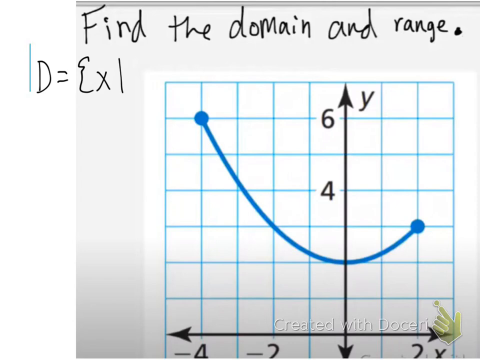Can anyone help me figure that out? -4 is definitely one of them. 2 is definitely an x value that makes up this blue curve. -2 is an x value that helps make up this blue curve. 0. 1. -1. -3.